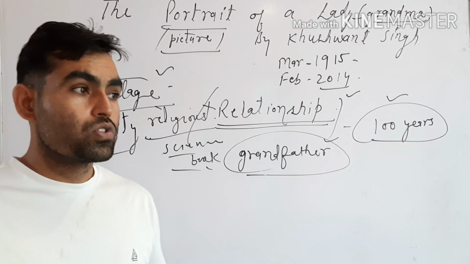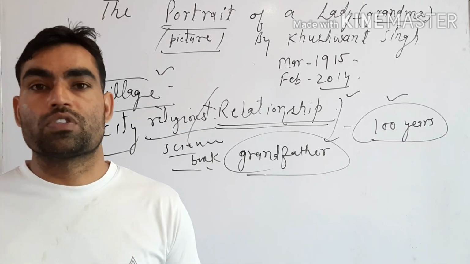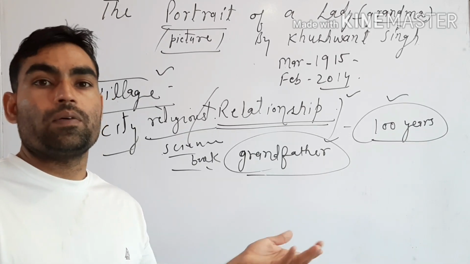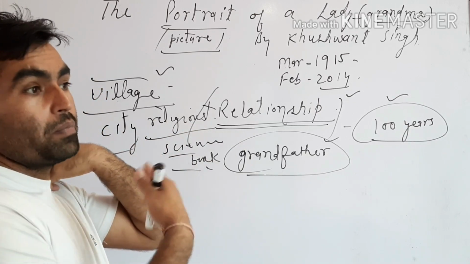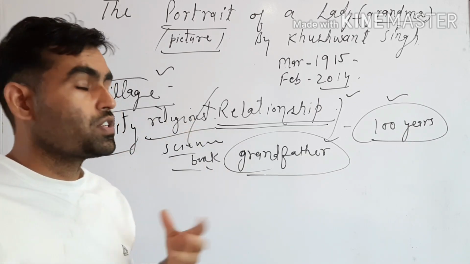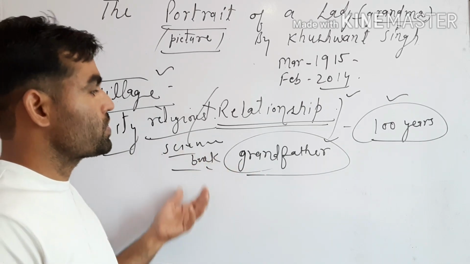But most interestingly, or fortunately, when he returns home, he finds that grandma is there to receive him. When he goes there, she bids him adieu, but when he comes back, she also goes to receive the author at the station.